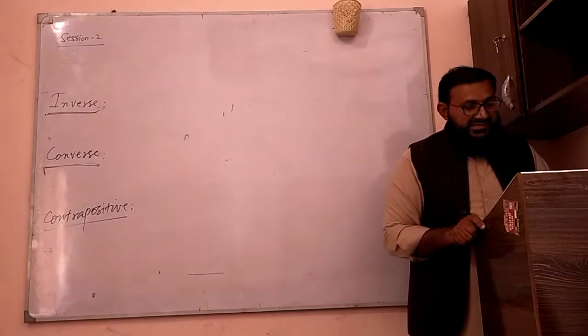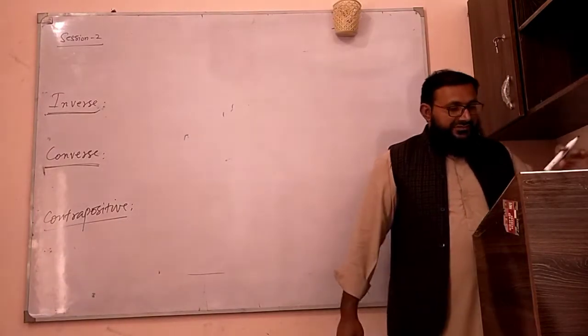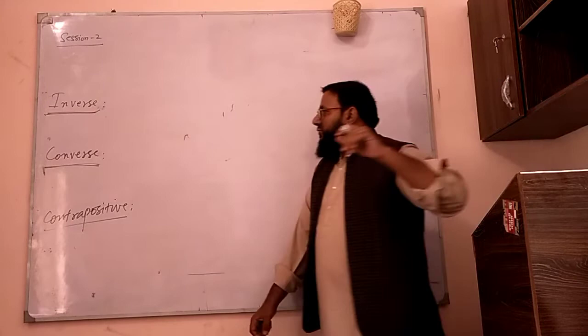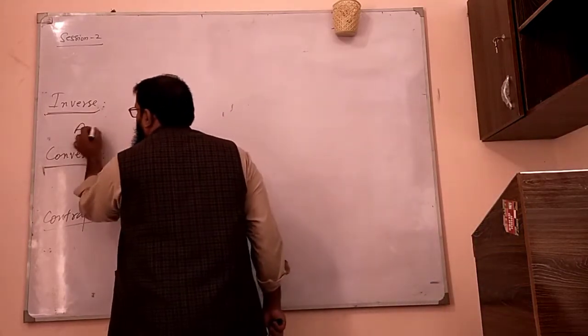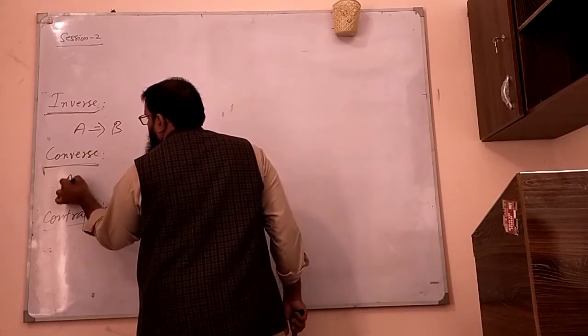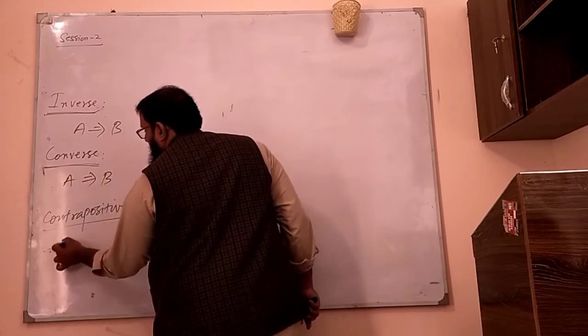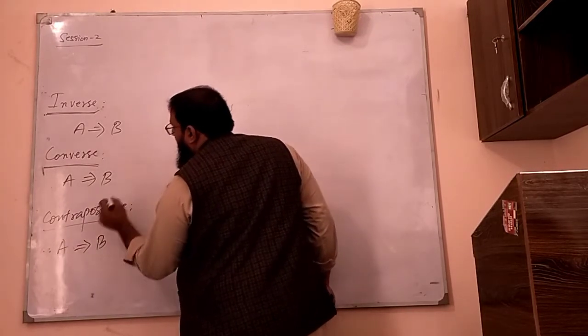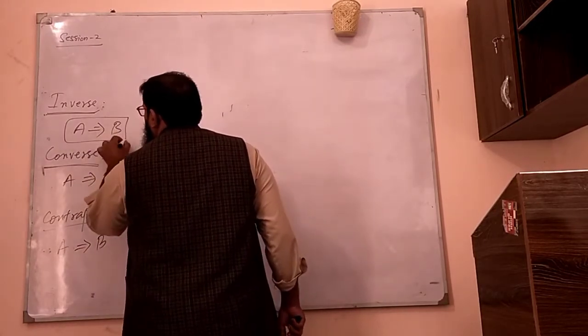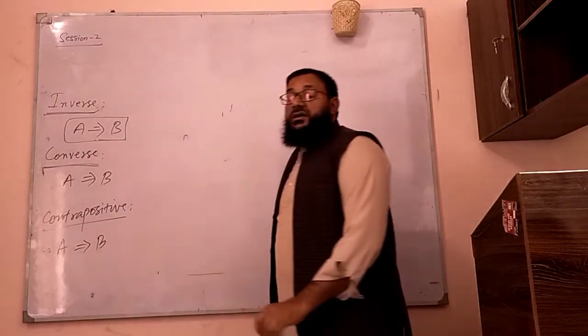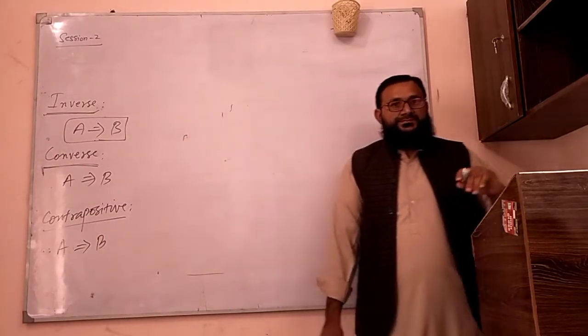The first thing is, what is going to be the inverse of an implication? In all three cases we are taking A implies B as our implication. Then what is going to be the inverse of this implication?